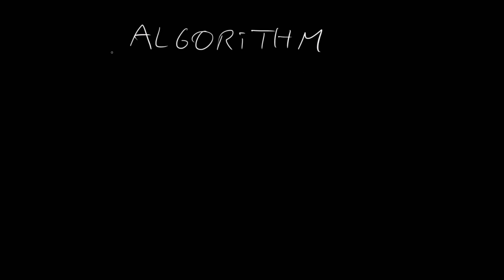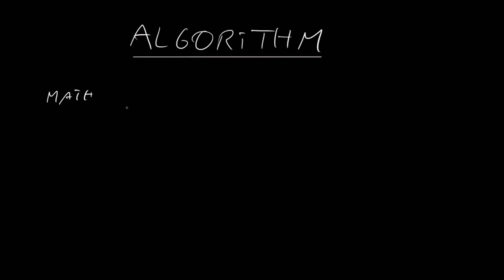First of all, this is a word and the concept that comes from math, right? So mathematicians use the word algorithm to mean a series of operations that we perform on some number or some value that transform it to produce a result.